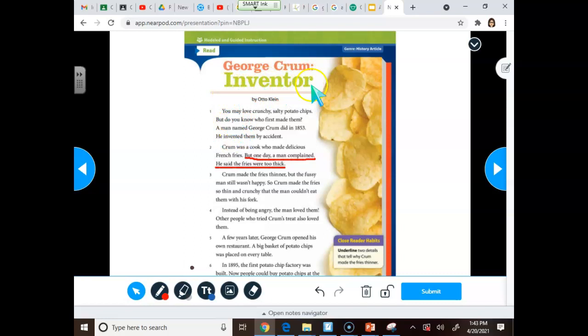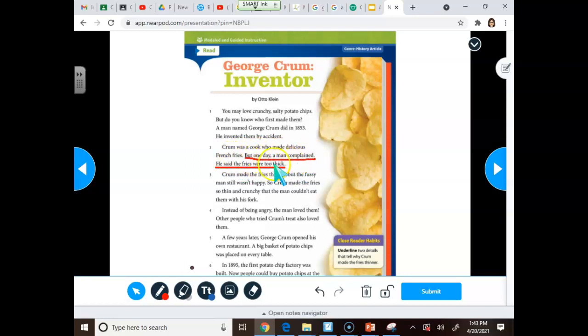George Crumb, inventor. You may love crunchy, salty potato chips, but do you know who first made them? A man named George Crumb did in 1853. He invented them by accident. Crumb was a cook who made delicious French fries.